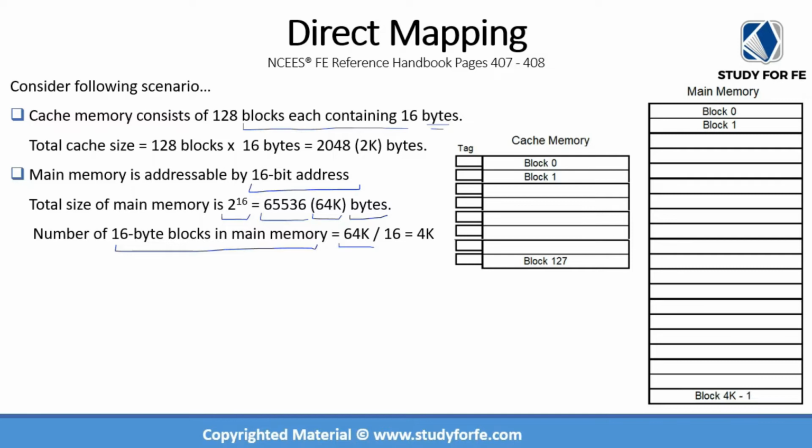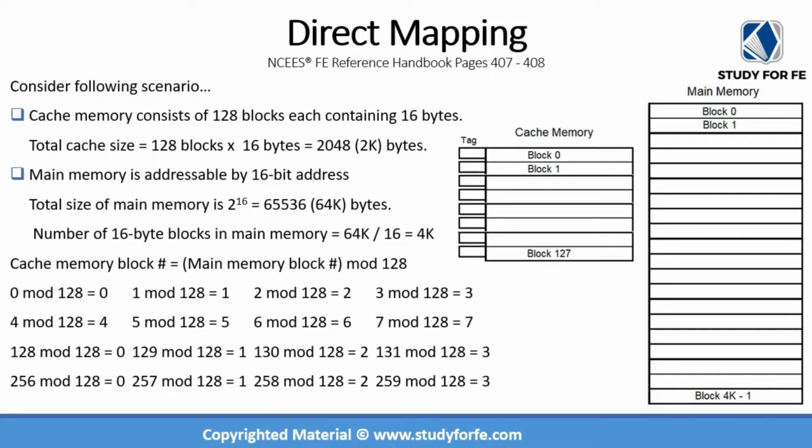We simply divide 64k by 16 and we get 4k. So these are the total number of blocks in the main memory. The main memory blocks will start from 0 and go all the way to 4k minus 1. So you can see that there is an order of magnitude difference in the size of the main memory and the cache memory. The cache memory goes from 0 to 127 only. It's much smaller than the main memory, which goes from 0 all the way to 4k minus 1.